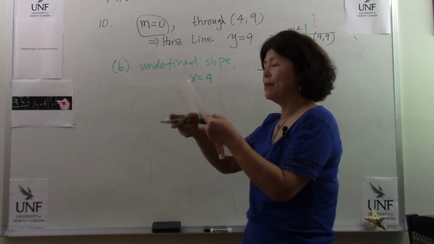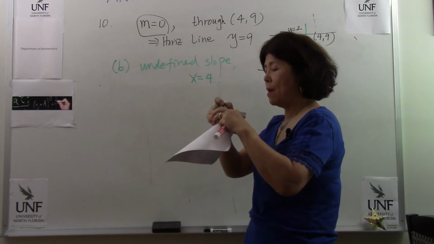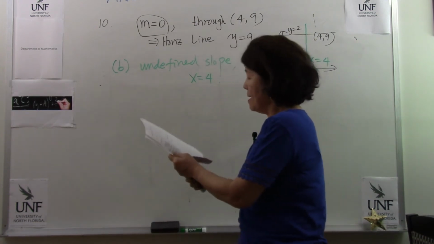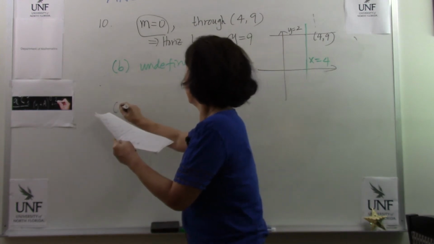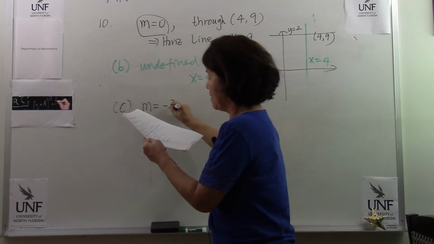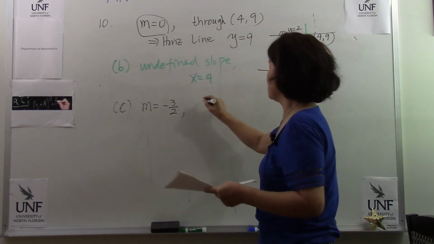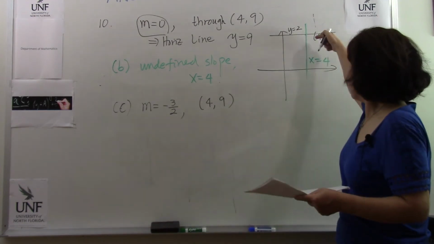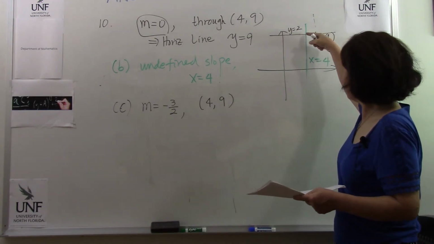Part C, find an equation of the line with the slope -3/2 and passing through again same point 4, 9. So 4, 9 over here, it goes through.